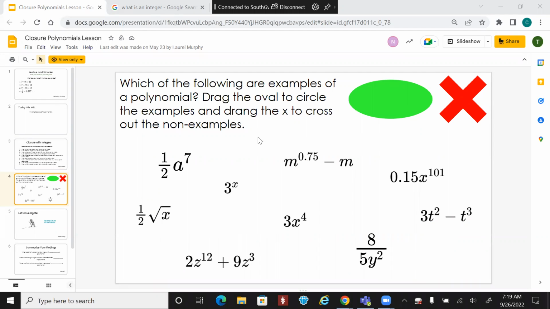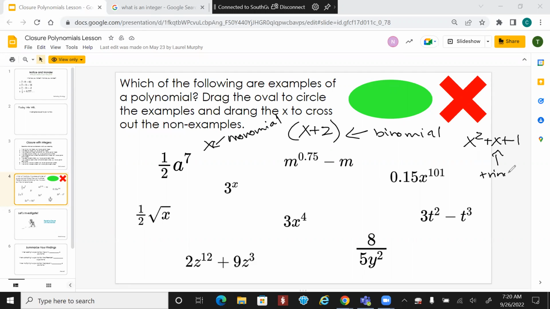If I say x plus 2, and I tell you that that's a binomial, and if I say x is a monomial, and if I say x squared plus x plus 1 is a trinomial, go ahead, say it.